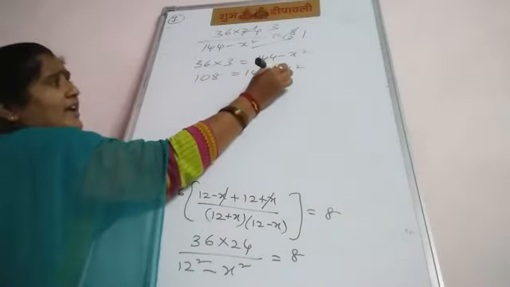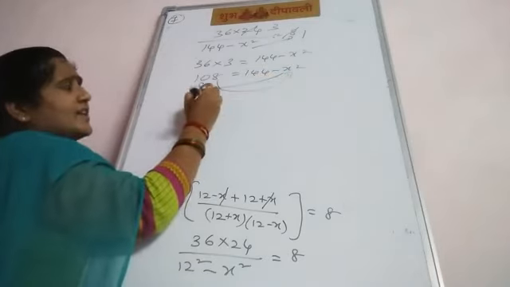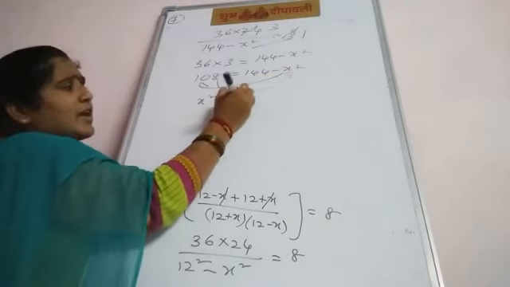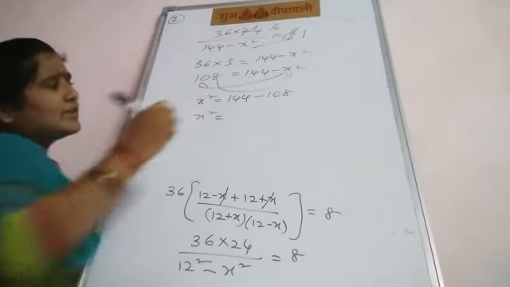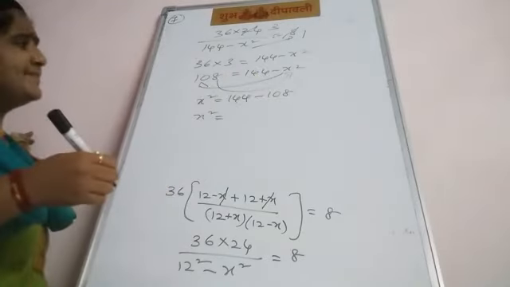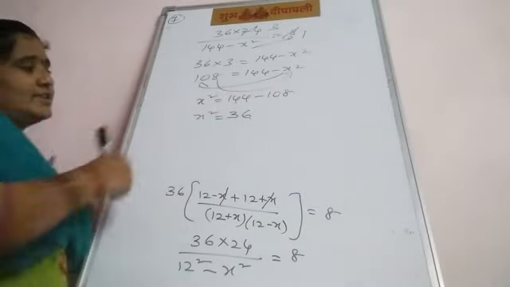Now send this x square to the left side and 108 to the right side. x square equals 144 minus 108. x square equals how much? Tell me. x square equals 36.